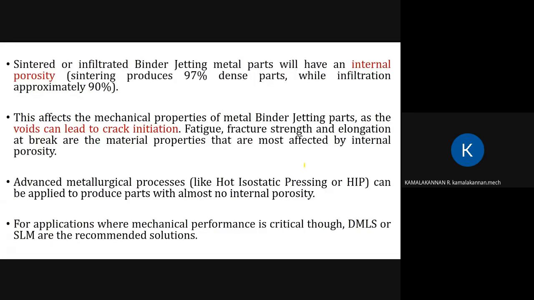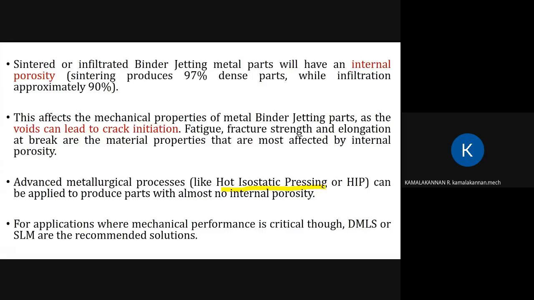Okay, sometimes they will use hot isostatic pressing. I think maybe you have studied it in materials. I don't know how many of you studied. It is nothing but the material will be placed inside a container, and a hot liquid will be placed, and this liquid will pressurize the powder, and finally you will form a product.